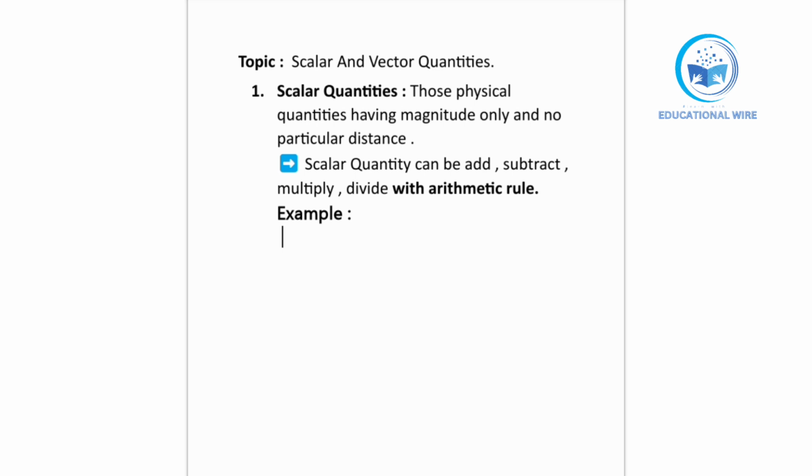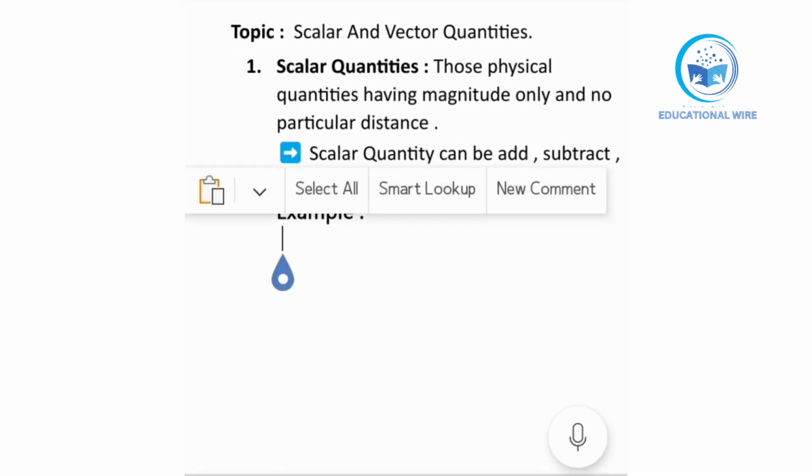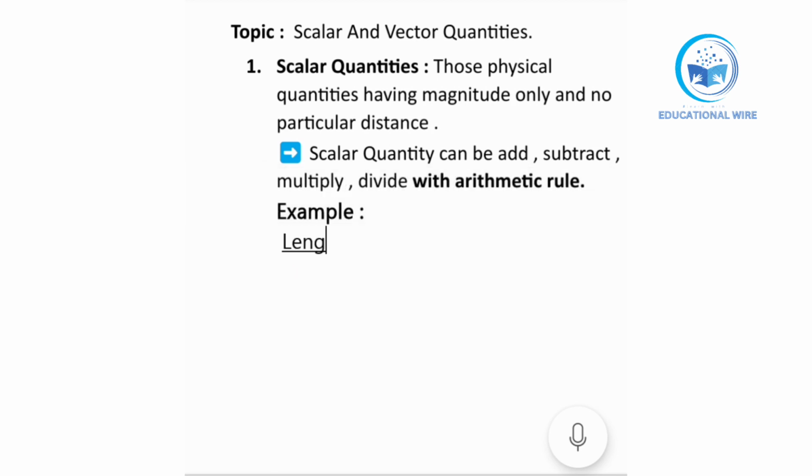Let's take some examples. Length is a scalar quantity. Mass is a scalar quantity. Time is a scalar quantity.